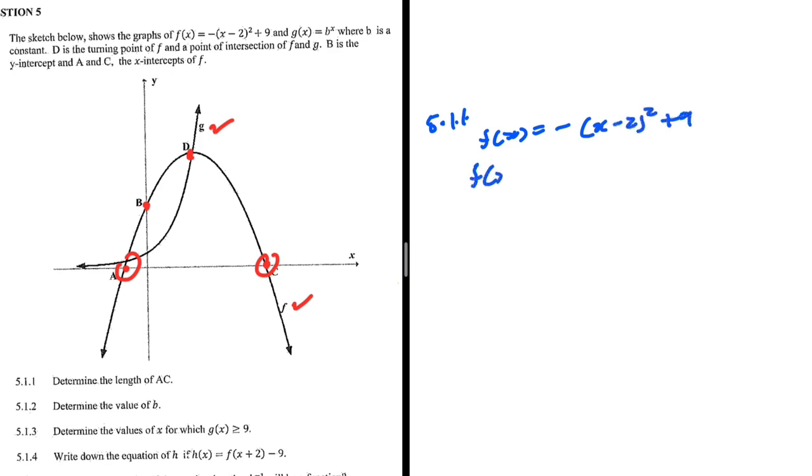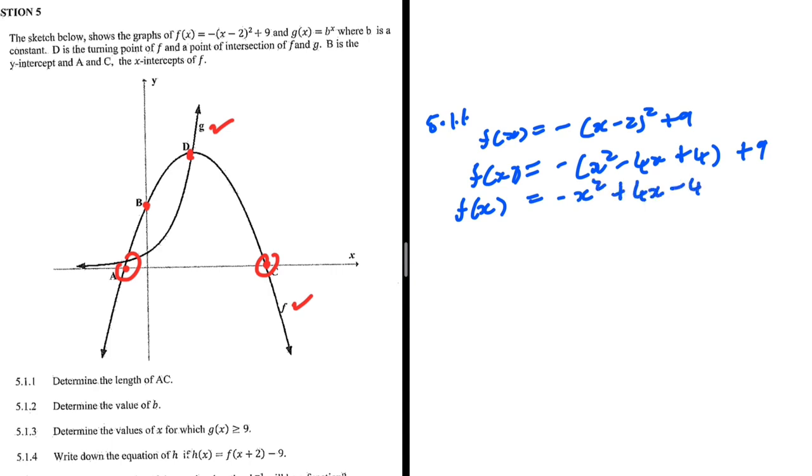Let's solve this: (x minus 2) to the power 2 gives x squared minus 4x plus 4, and then plus 9. Let's multiply out by the minus sign. If we do that, we get f of x equals minus x squared plus 4x minus 4 plus 9.